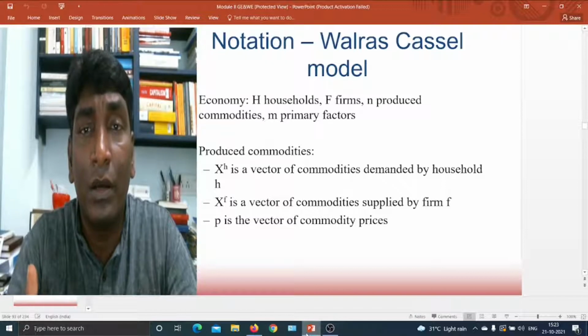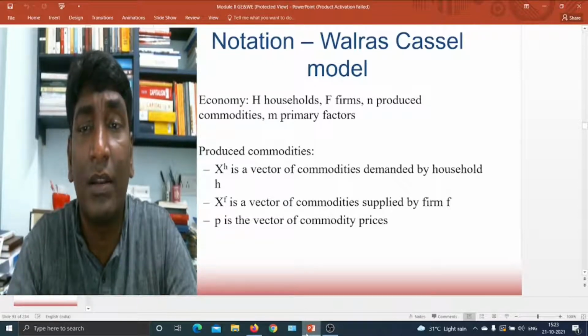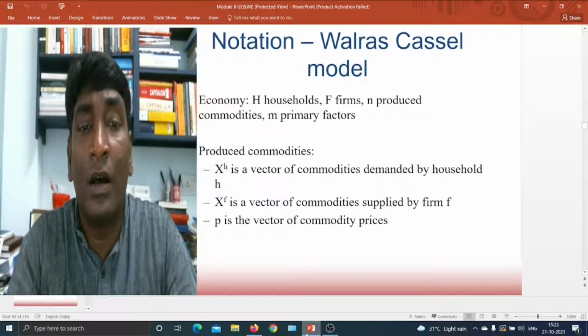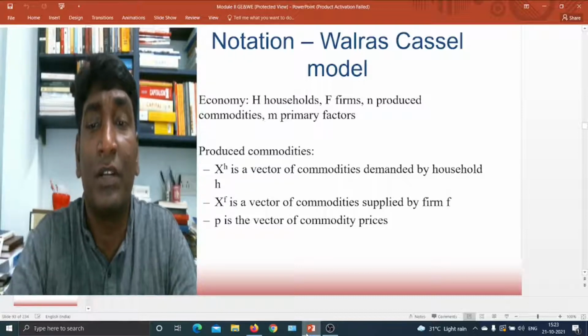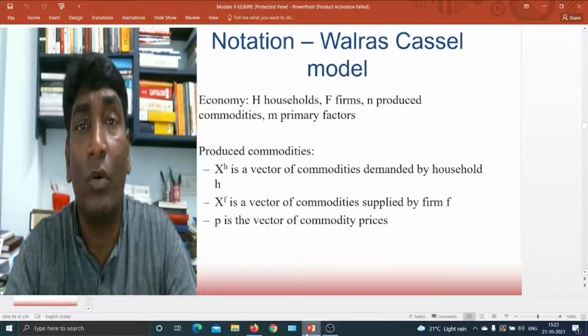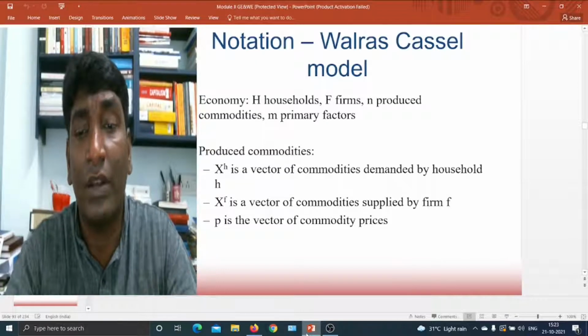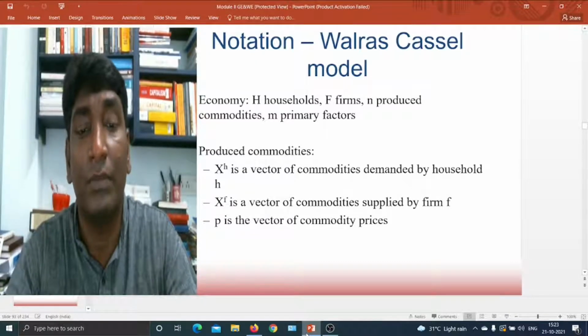In notation terms, this model represents the household and the firm, in produced commodities and primary factors. Produced commodities: X is the vector of commodity demand by the household, or XF is the vector of commodity supplied by the firm F.